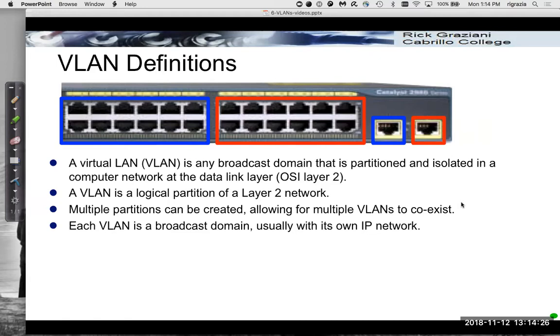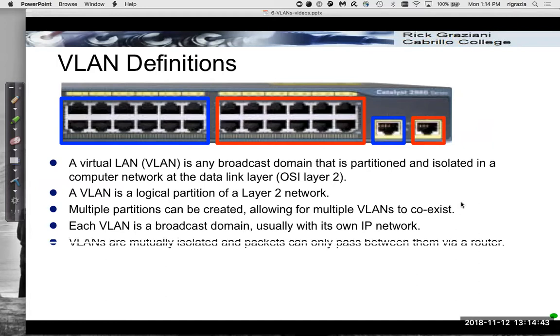Each VLAN is a layer 2 broadcast domain. What that means is we associate each VLAN with its own IP network. So a VLAN nowadays we associate with an IP network or subnet. Okay. So VLANs are mutually isolated and packets can only pass between them via a router.